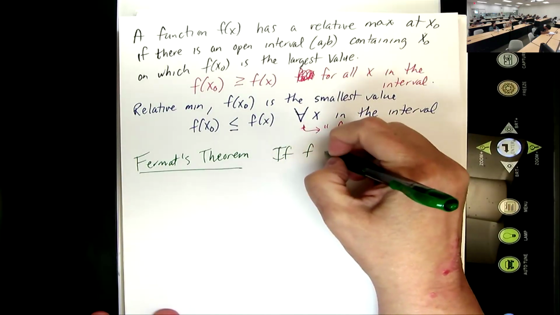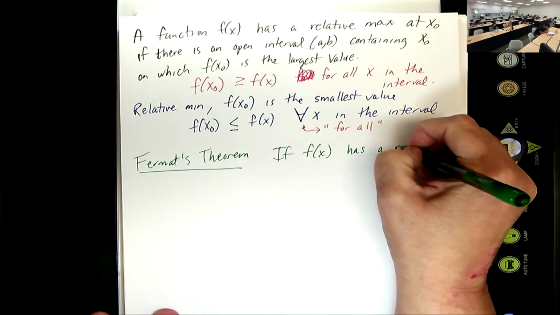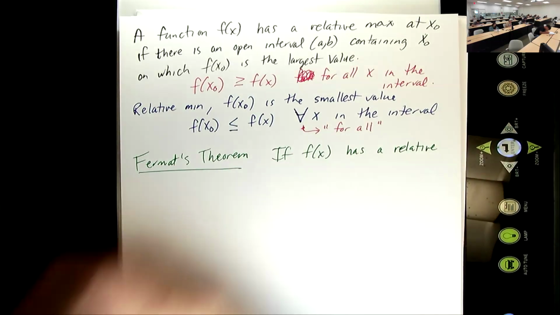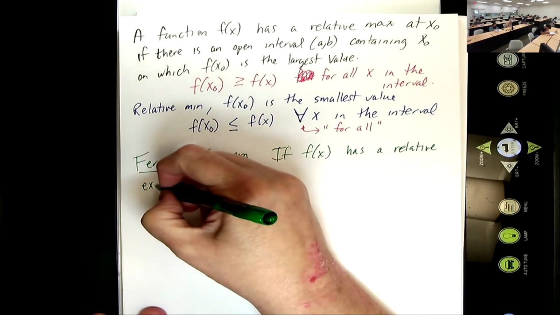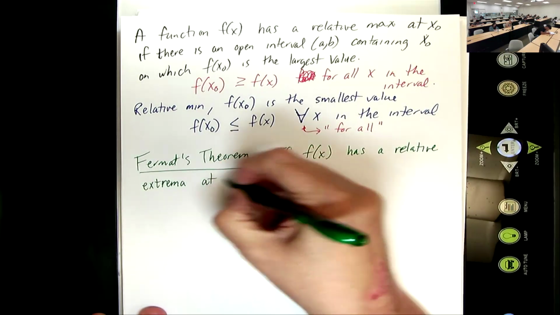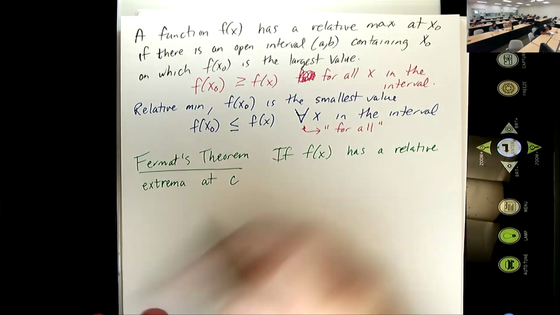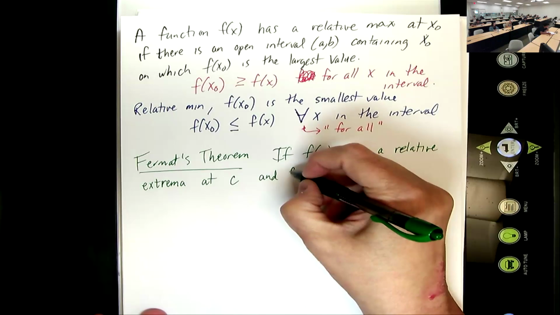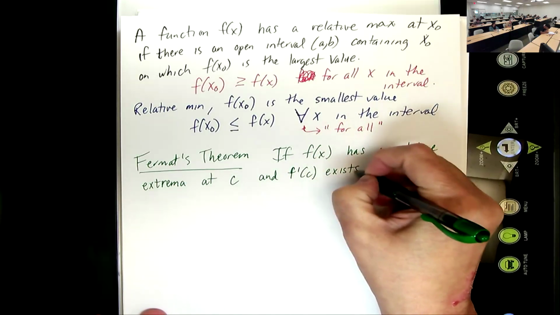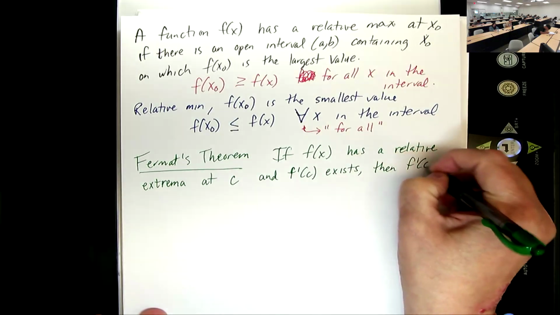If f of x has a relative extrema, so either max or min, at c, and f prime of c exists, then f prime of c has to equal 0.